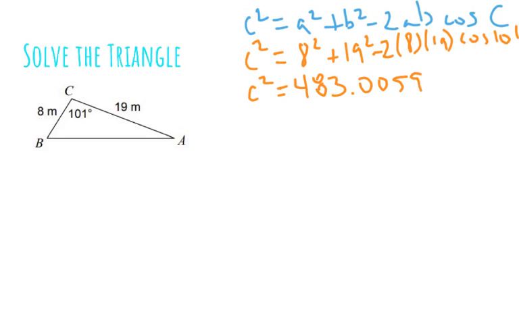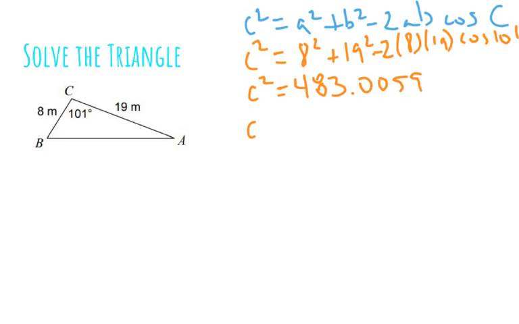I'm going to leave what's in my calculator so that I get a more accurate answer. Every time I do this, I'm truncating my answers and getting an approximation, and eventually it's going to have an effect on our problems. So I just leave it the way it is in my calculator and then take the square root of it.